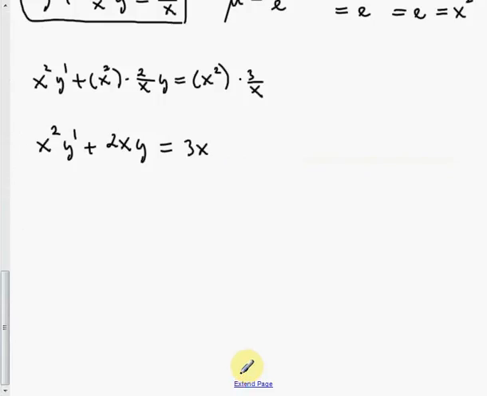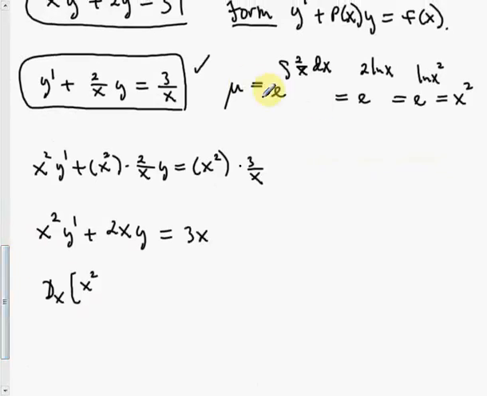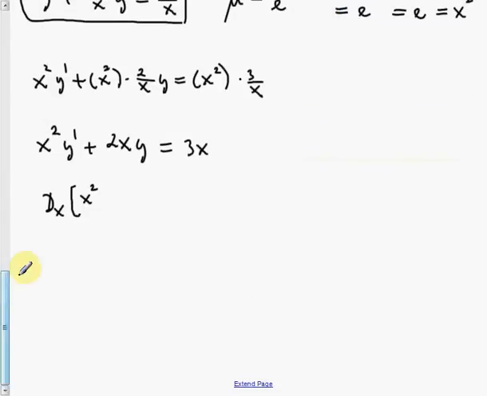The left side is automatically the derivative with respect to x of the product of the integrating factor, which is x squared, right? The integrating factor, mu equal to x squared, and its dependent variable, which is y, is equal to 3x.